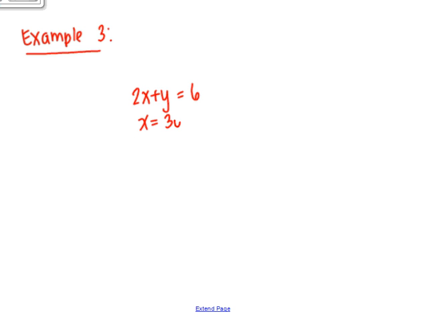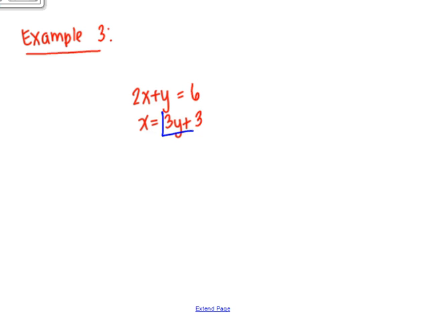One more example. This will be example 3. We've got 2x plus y equals 6, and then x equals 3y plus 3. So let's look at what we're going to substitute in there.